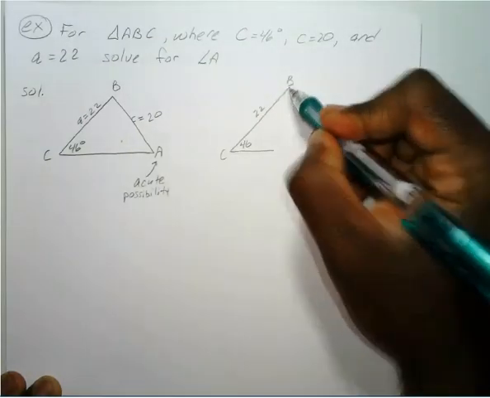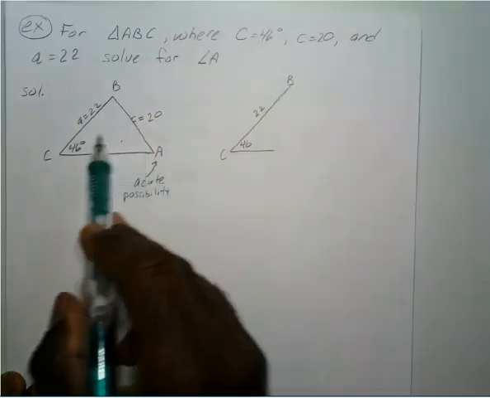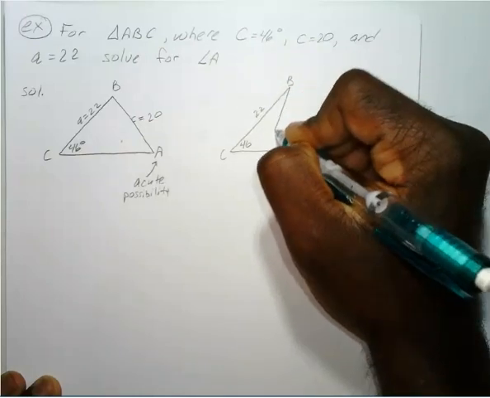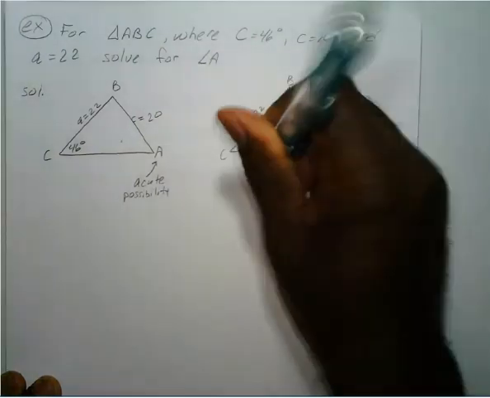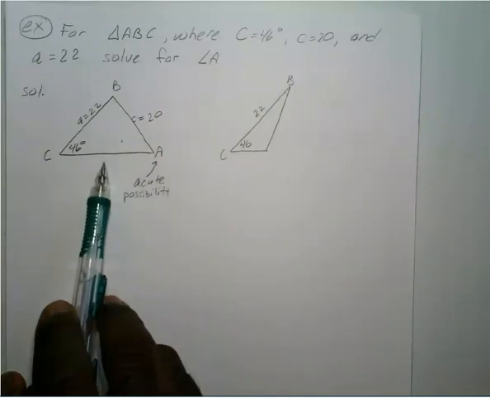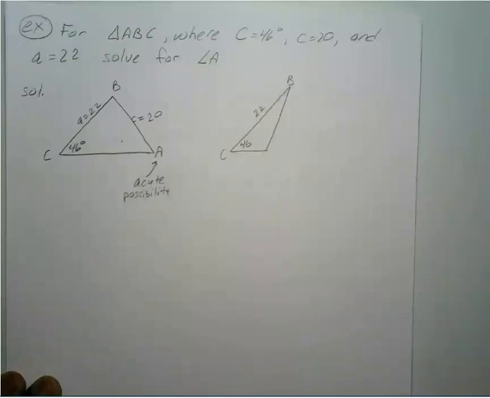Now, it's possible that C could still be a length of 20. But what if it swings the other way? What if it swings this way? By us not knowing the length of side B, we have no idea which one of these triangles would be actually true.